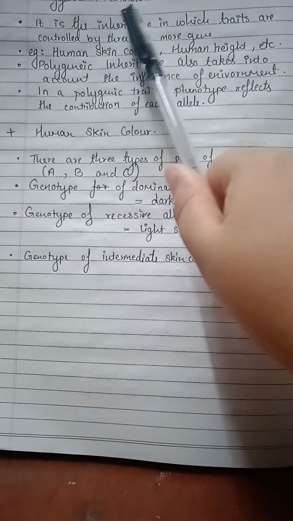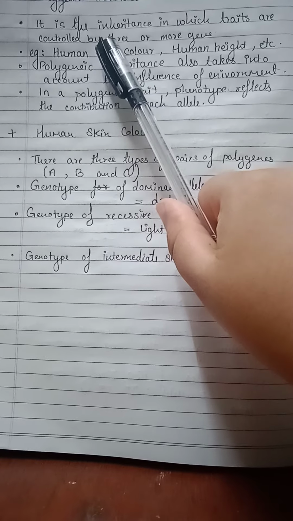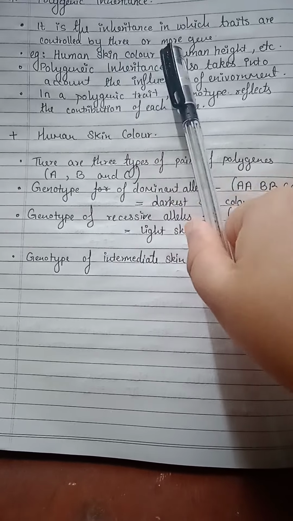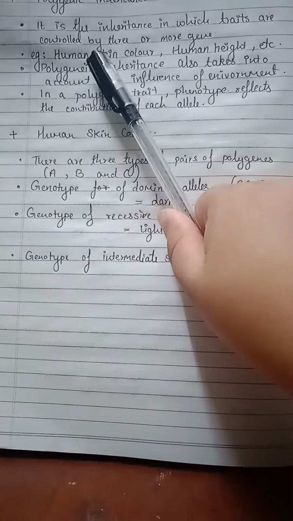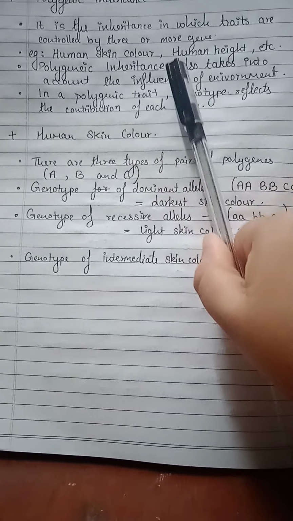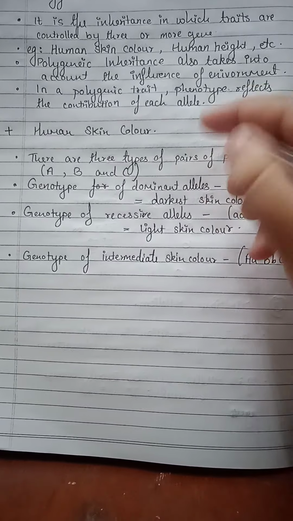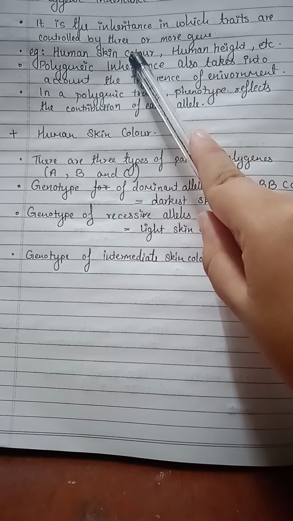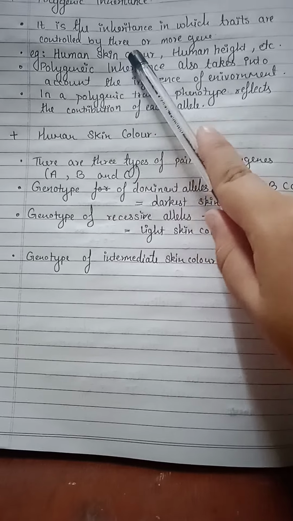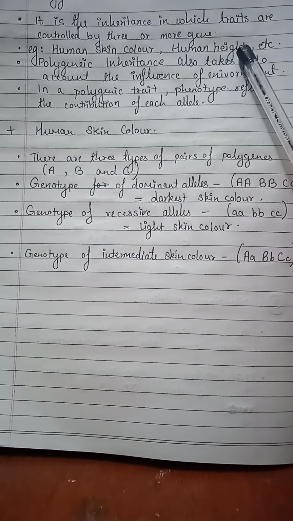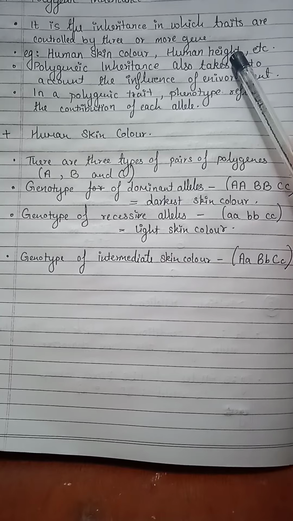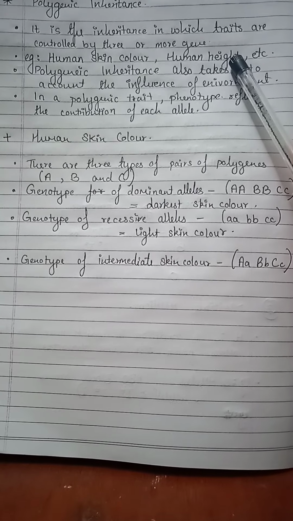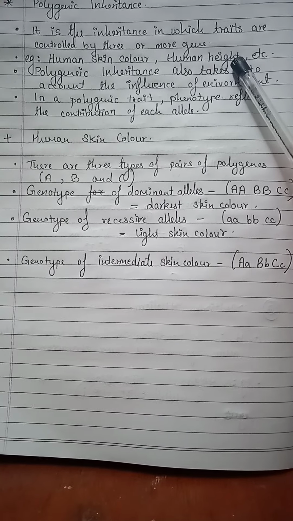Over here, polygenic inheritance is controlled by three or more genes. For example, human skin color and human height. Human skin color cannot be distinguished into two colors. It has many colors, while human height does not have only two specific heights but various heights.